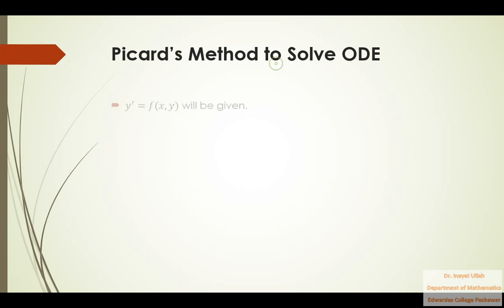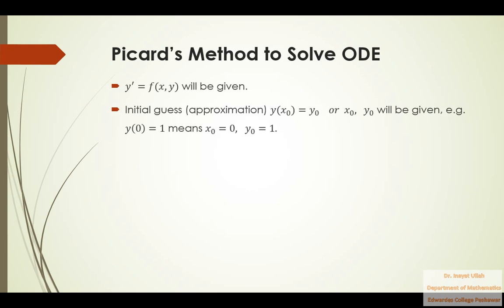The first one is, you will be given a first order differential equation, y prime, and we have just studied that y prime is actually a function of x, y. So the function of x, y for y prime will be given to you, and the starting point from which we will start our problem is called the initial guess, or we may say the initial approximation.